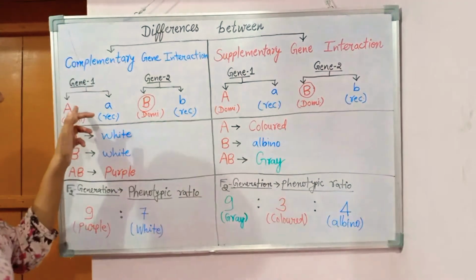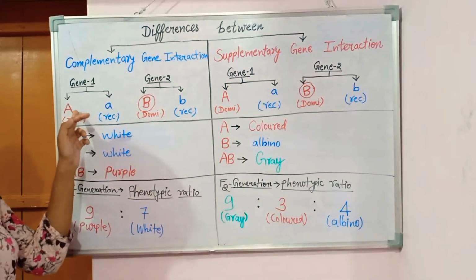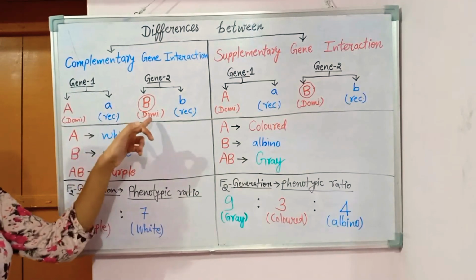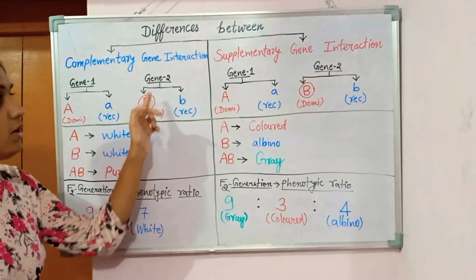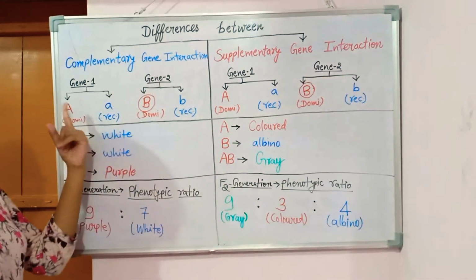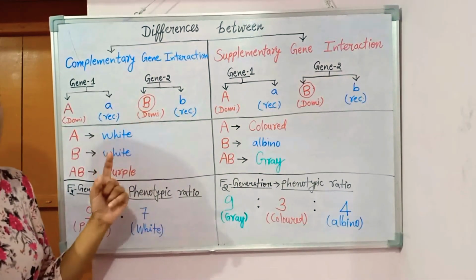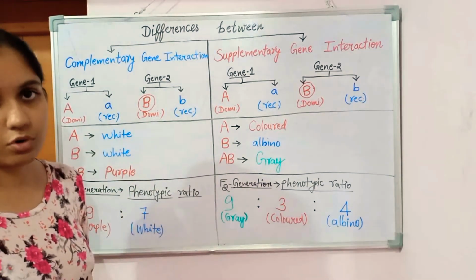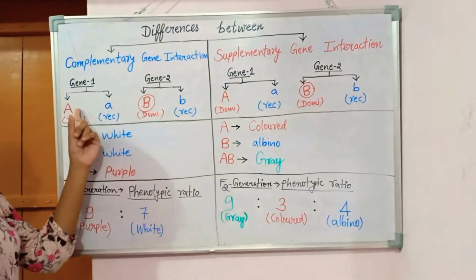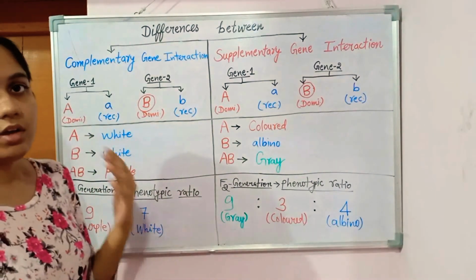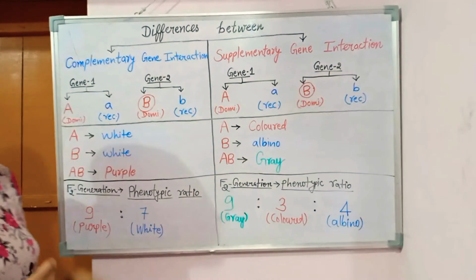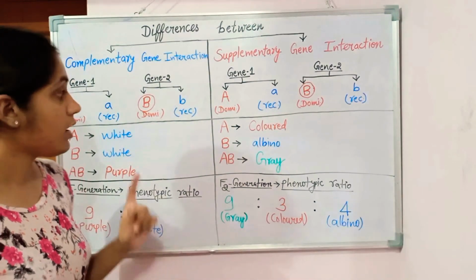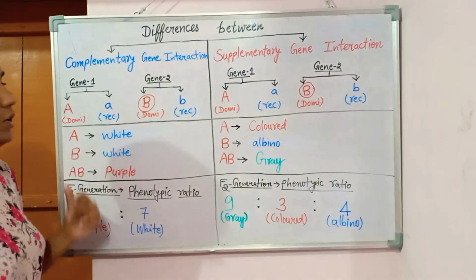It only expresses when this dominant allele of gene 1 is present together with capital B of gene 2. When capital A and capital B are present together, then a phenotype can be produced. If capital A is present independently, it cannot express itself and cannot form any type of phenotype. So these both are complementary to each other.